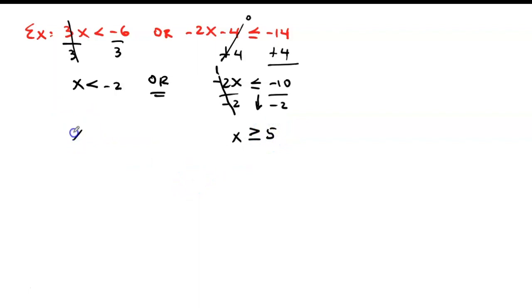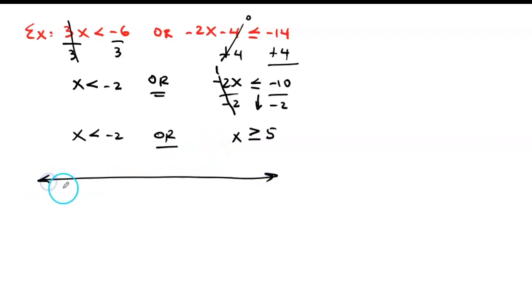All right, so let me bring this down. X is less than -2, or x is greater than or equal to 5. So this is my final answer. Let's graph. Remember, we graph on the same number line. Which number is smaller, -2 or 5? -2, so that goes on the left side, and the 5 goes on the right side. Let's graph individually on the same number line.